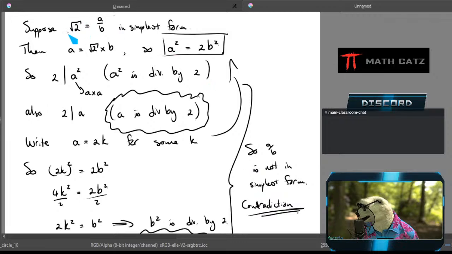My conclusion is that this cannot happen. There is no fraction. It doesn't exist. No fraction that could equal exactly square root of 2.